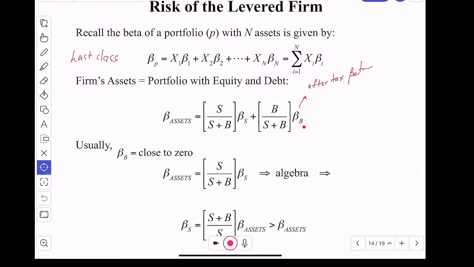This could be even zero. Okay, so that it's not volatile, it's not risky, it's not sensitive to market returns. There could be very little relationship between market returns and the debt issued. So the beta would be low. So let's say it's close to zero.